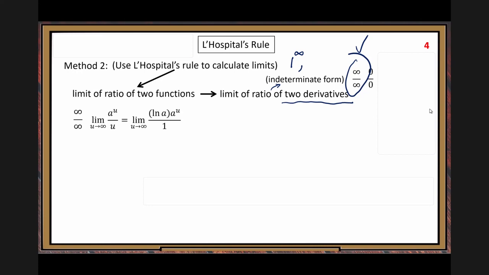The derivative of the numerator is natural log of a times a to the u. That's the derivative formula, so you can find it easily.